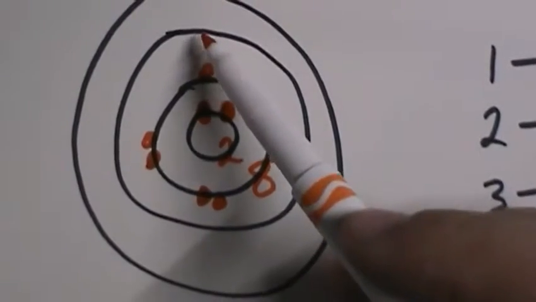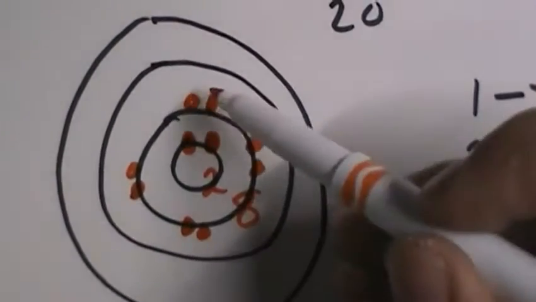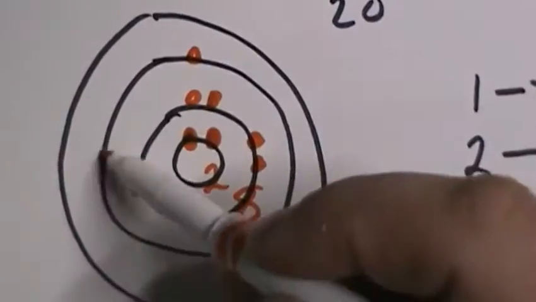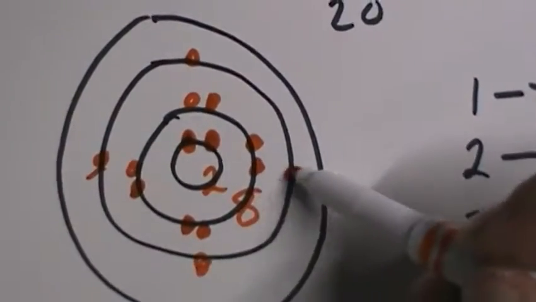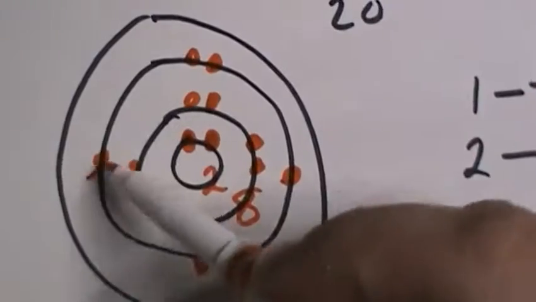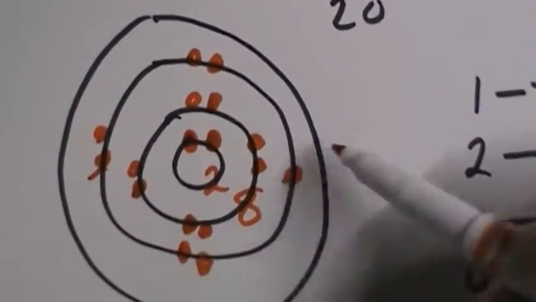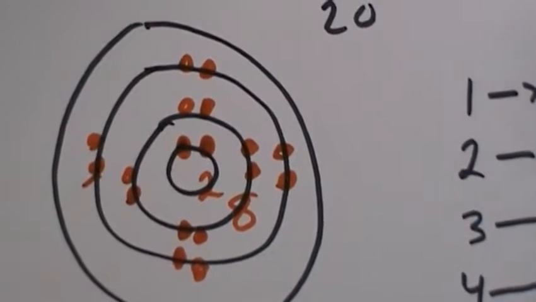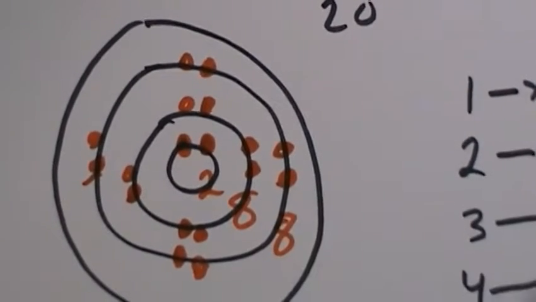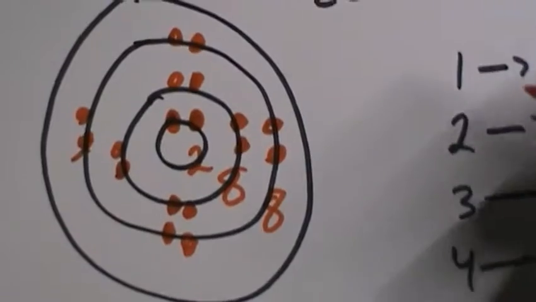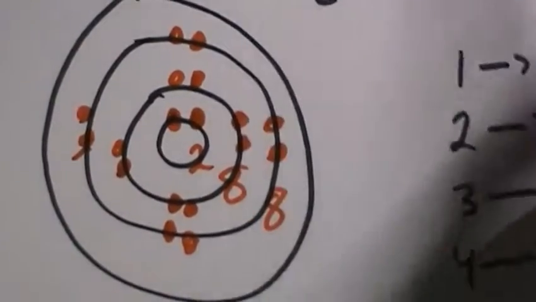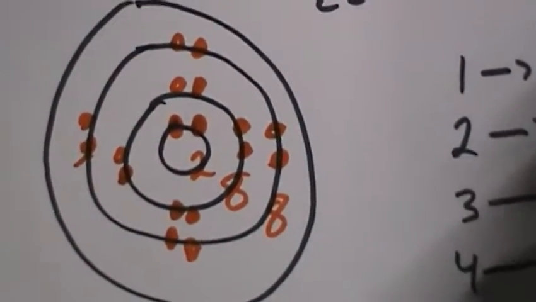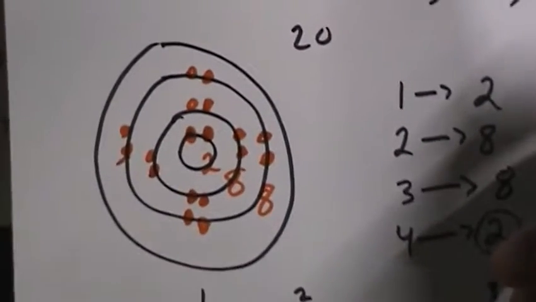Then I'm going to put another octet worth of electrons into the third. 1, 2, 3, 4, 5, 6, 7, 8. Notice everybody has got a partner. That level is stable, which is why it can move on to the fourth level, or at least a very simple reason for why it can move on to the fourth level.